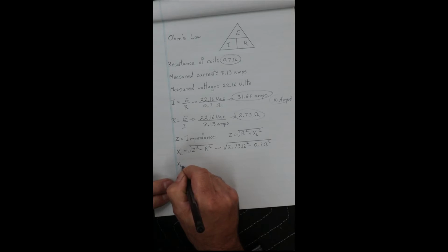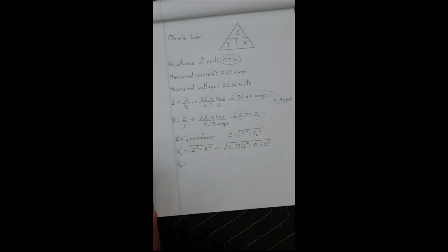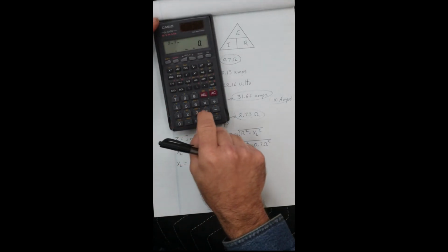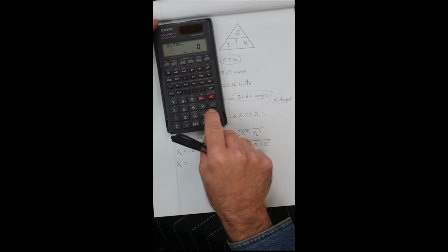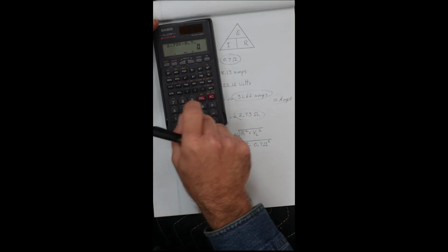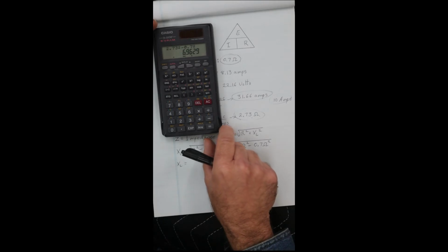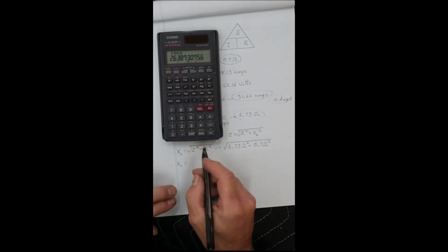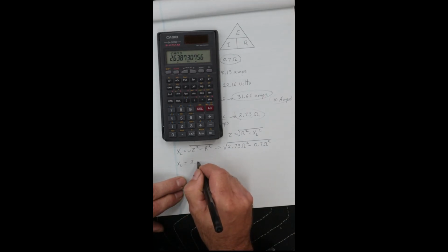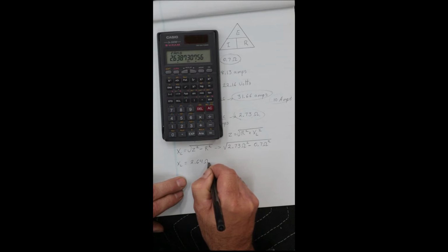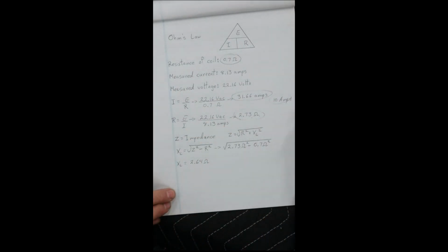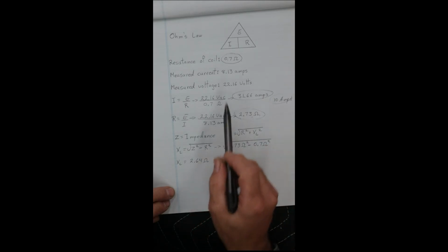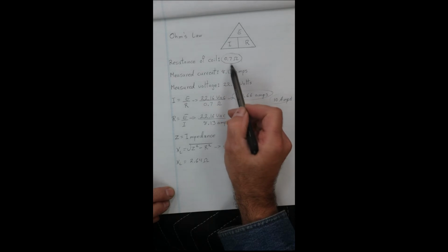Plugging these values into a calculator, for the people that are following along with me, 2.73 squared, subtract 0.7 ohms squared equals, and then I will square root that answer for a total of 2.64 ohms.